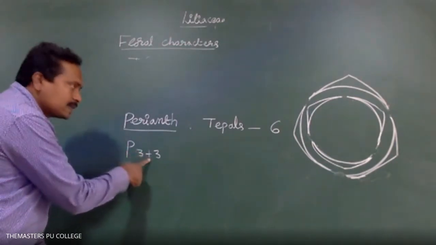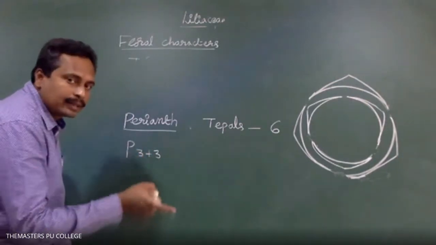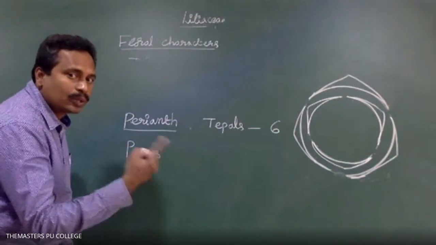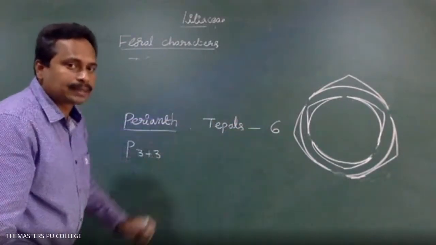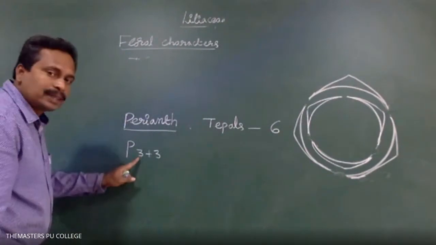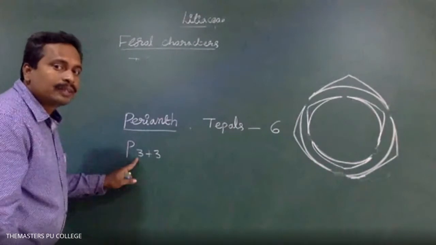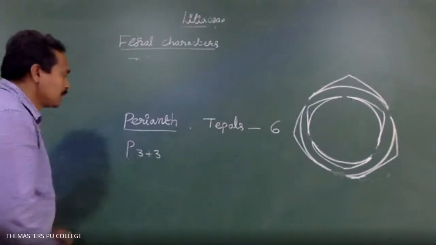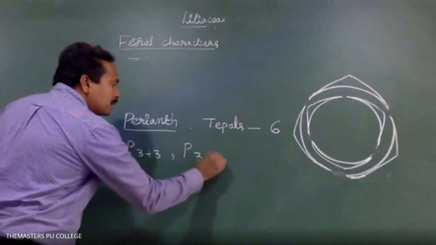The perianth consists of 6 tepals. The 6 tepals are arranged in 2 whorls. Each whorl consists of 3 tepals. In some plant species the tepals are free, not united with each other. In some plant species the tepals are united.